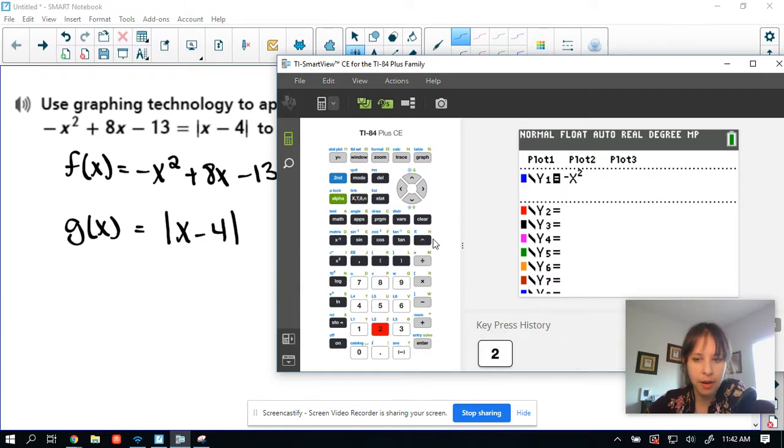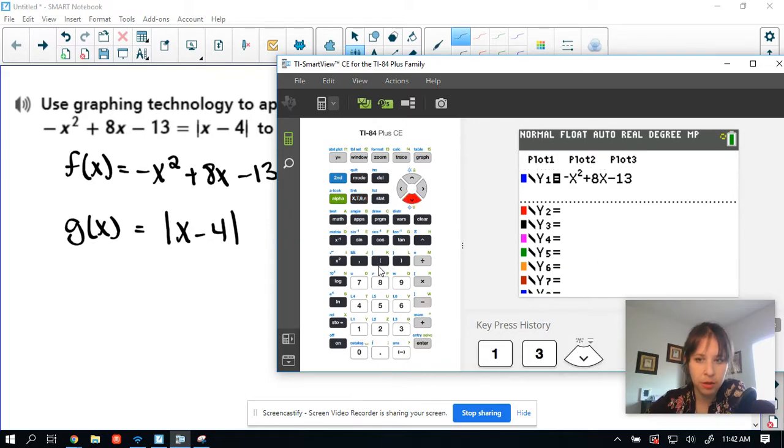Oh, and this little caret also gives me the option for exponents. So if it's not a squared, I could hit this caret key, and it'll put my values in the exponent place. If you notice on my TI-84, it stays there. On the 83, it will not. Plus 8x minus 13.